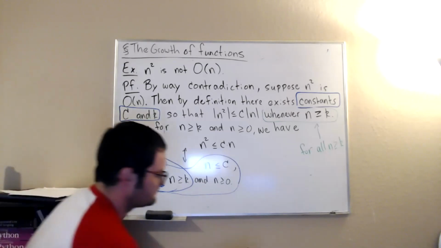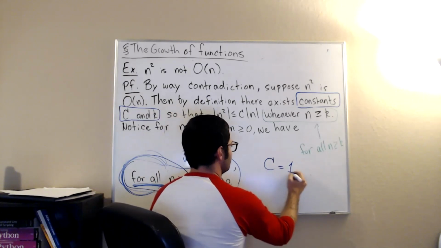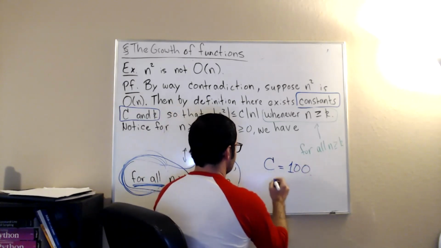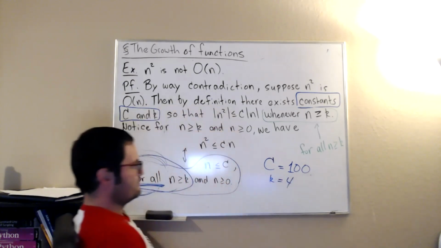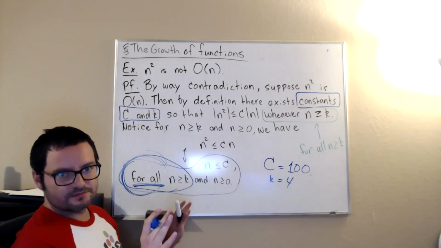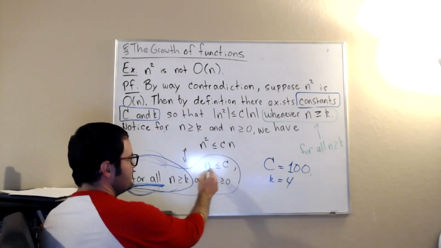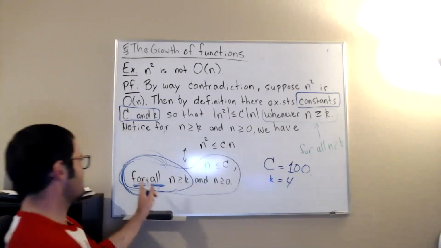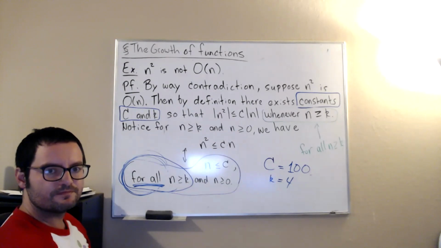For example, what if c was 100 and k was like 4 or something? As an example. Then you would have n less than or equal to 100 for all n greater than or equal to 4. Is that true? False.